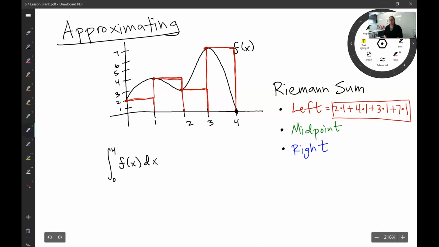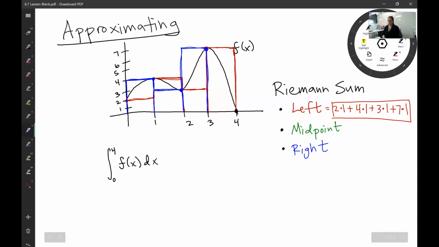Okay, let's do a right Riemann sum next. This is where you use the right-hand values. So here's my first section. This is the right-hand value. So this would be my first rectangle. Here's my next section. There's my right-hand value. So this would be my next rectangle. Here's my next section. Here's my right-hand value. So this would be your next rectangle.